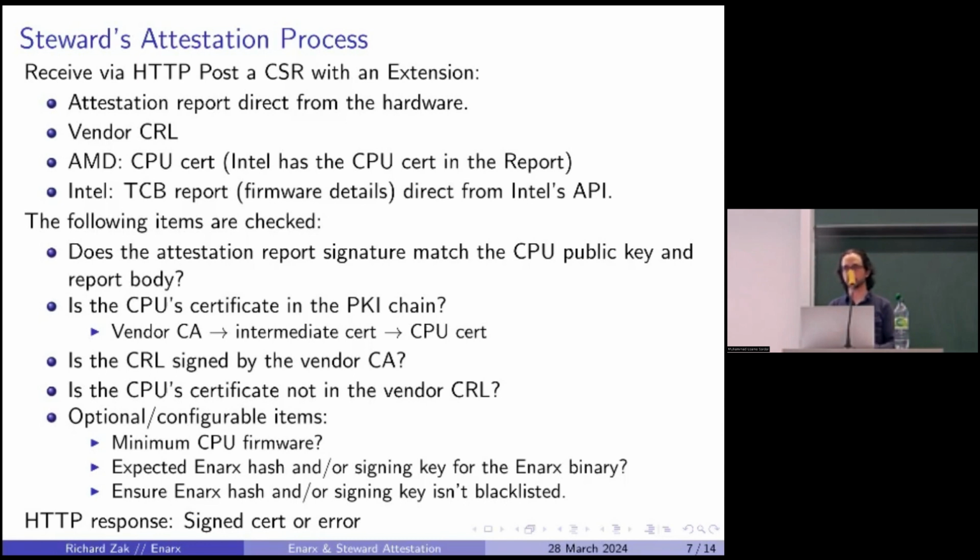And that's to make sure that somebody hasn't recompiled Enarx and then did something weird with how the attestation data was sent, so that if we were to run a public steward, we could be absolutely certain that the code that the person is using with Steward is exactly what we expect. And the response is simple. Either there's an HTTP error or there's a signed certificate, which Enarx can then use.